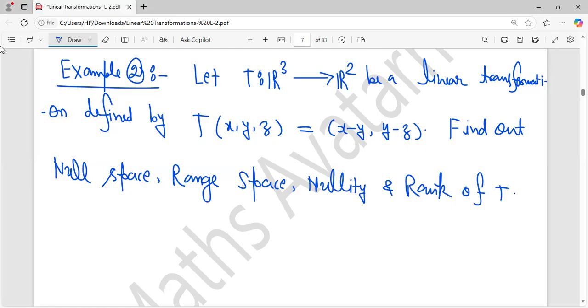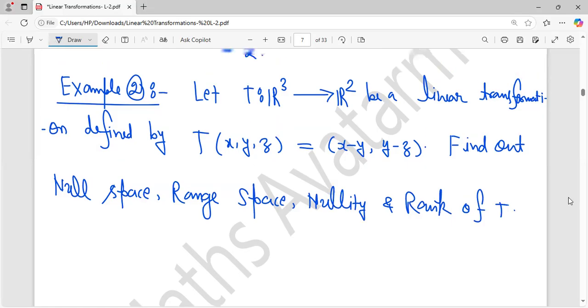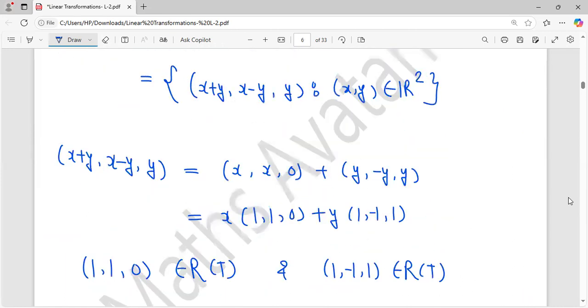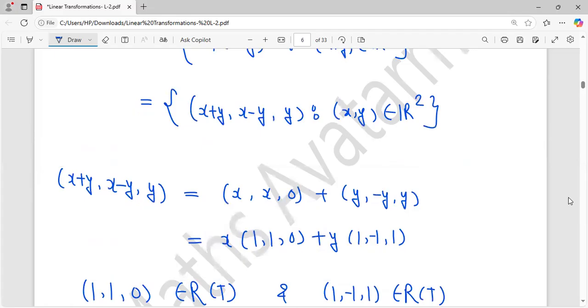In the earlier example, we can do one more thing. Here we can write like this also.